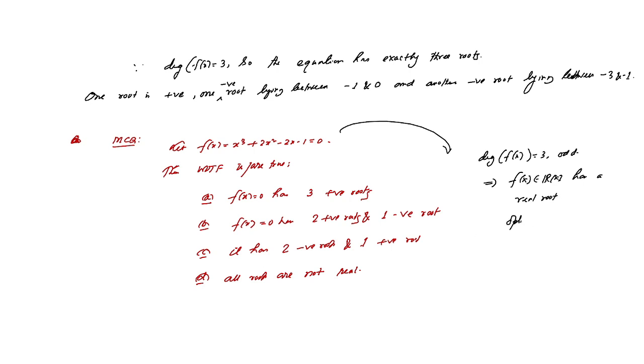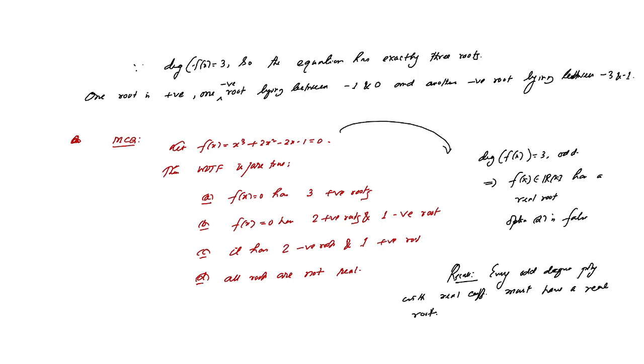So option D is false, as we use the fact that every odd degree polynomial with real coefficients must have a real root. Option D is false.